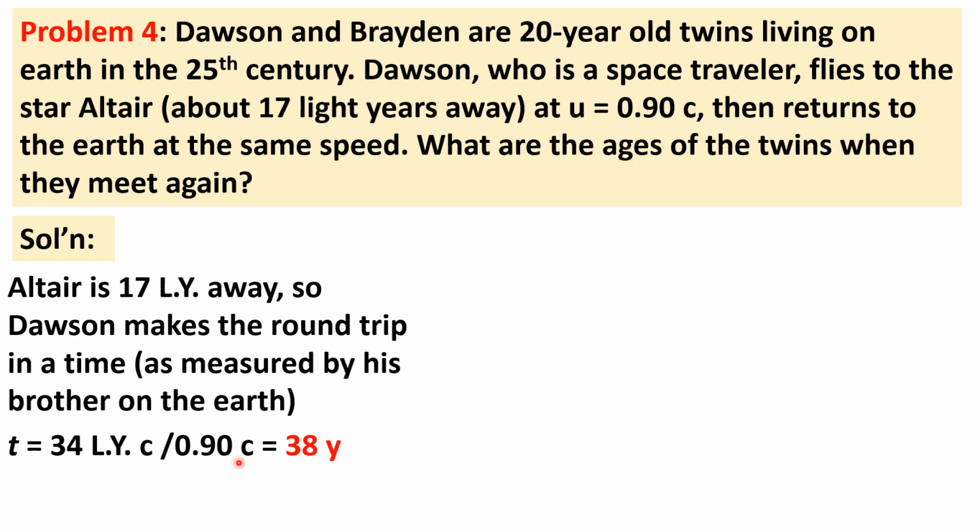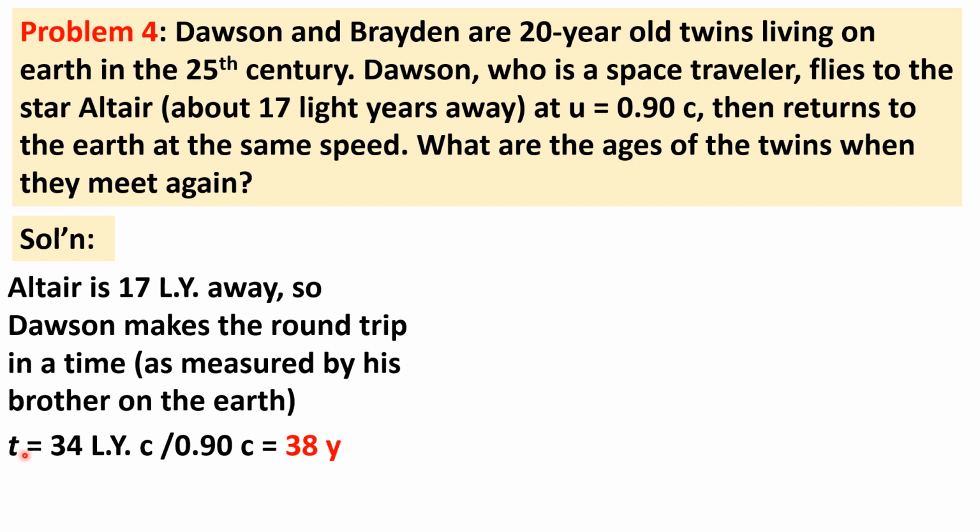And what we get for our time t is 38 years. So it would take 38 years for Dawson to make the round trip, as measured by his brother Brayden, who is left on the Earth. Take note, 38 years. That is the value for time t.